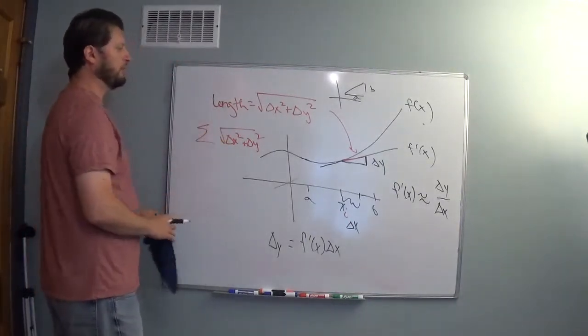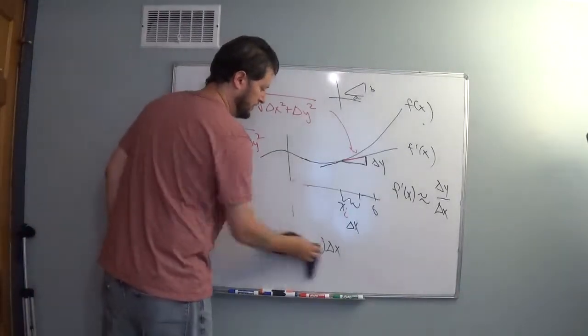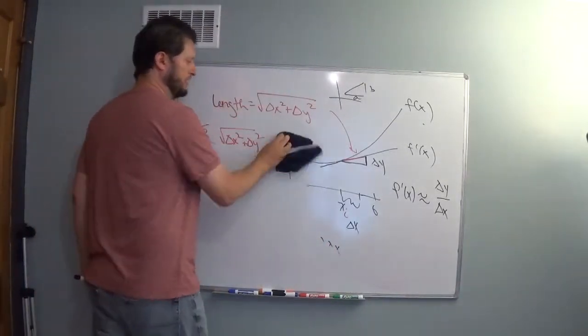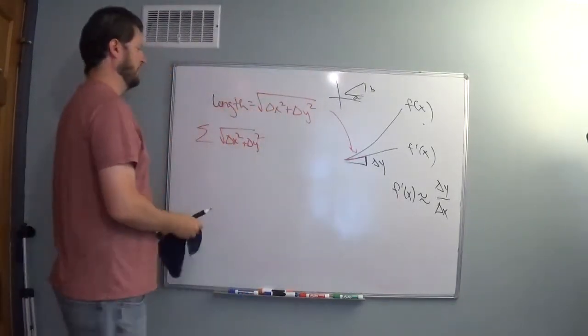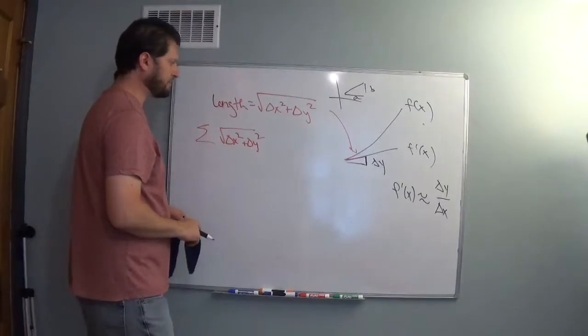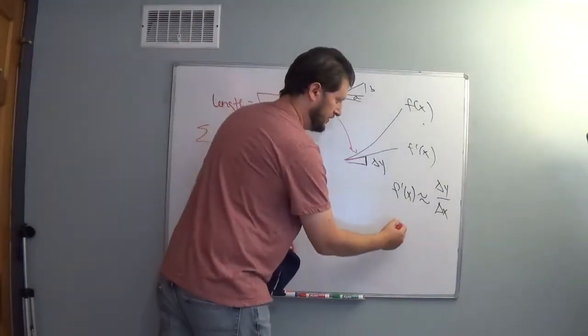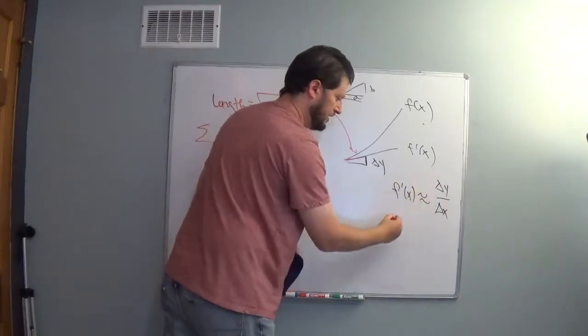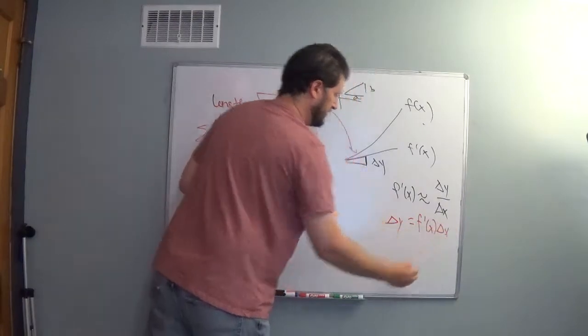But before I do so, I want to do a little bit of algebra, which feels a little weird, but you'll see where it leads to in the end. So I want to do some algebra on this whole process. All right. So delta y, I just erased it, but from this piece right here, delta y is f prime at x delta x.